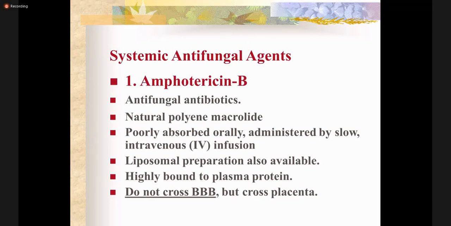Nowadays we also have a liposomal preparation. In order to address that it is not absorbed orally from the GIT, we have made this liposomal form. It is easier to take, and it can increase the absorption process.